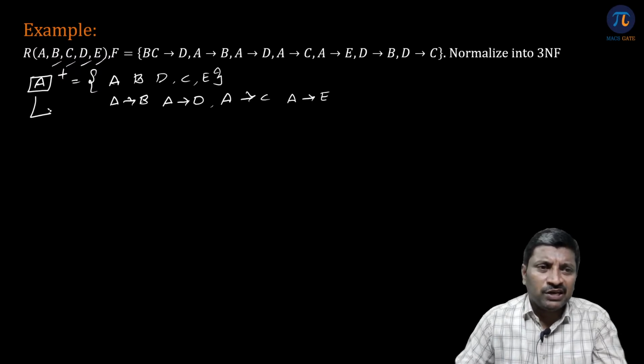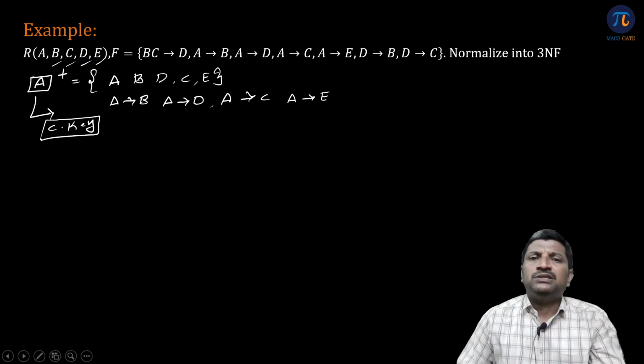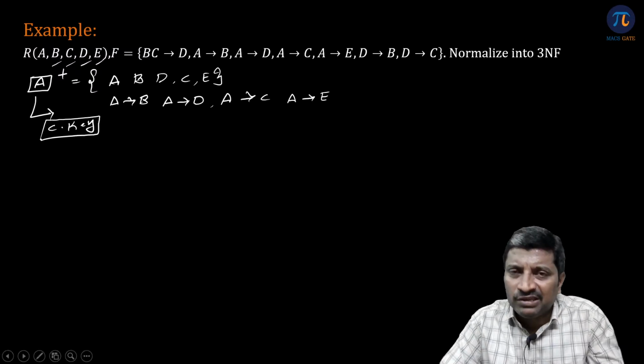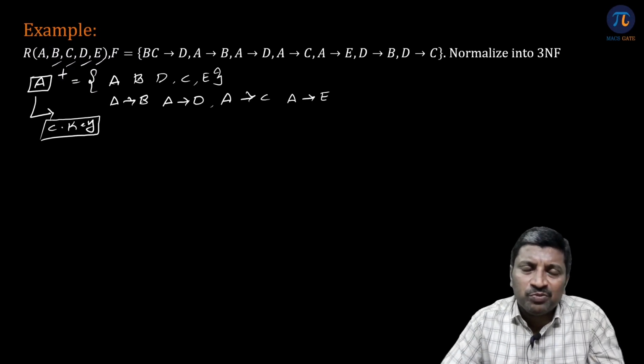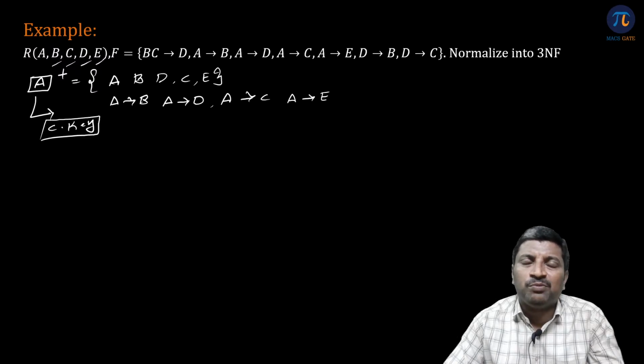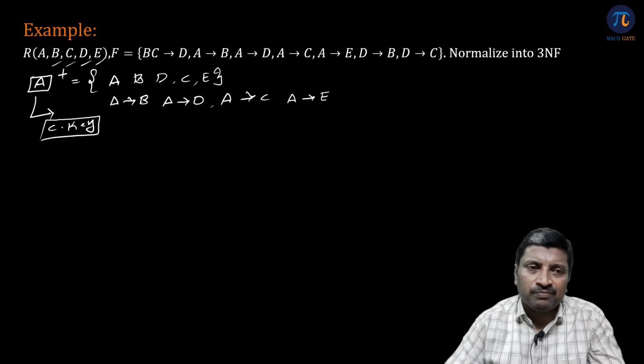So again, this is the candidate key. Sir, a relation can have more than one candidate key also. Those examples we will discuss in the next session. The main agenda of this session is to introduce normal forms. We will discuss more problems in the next session.